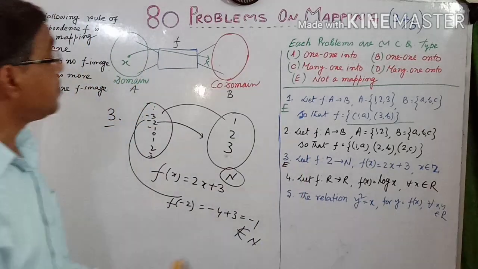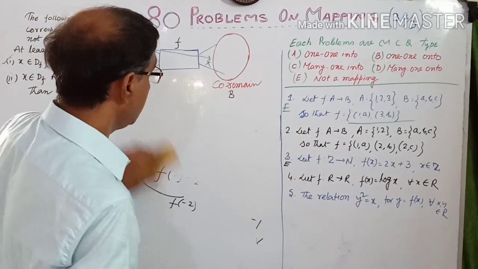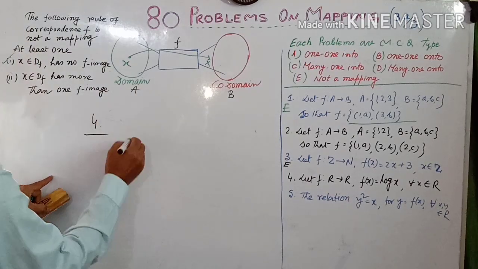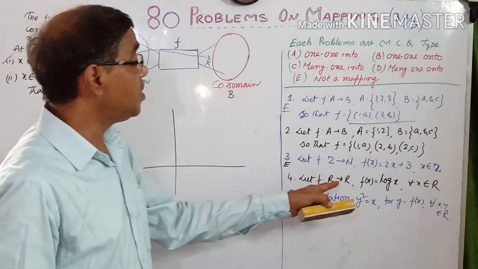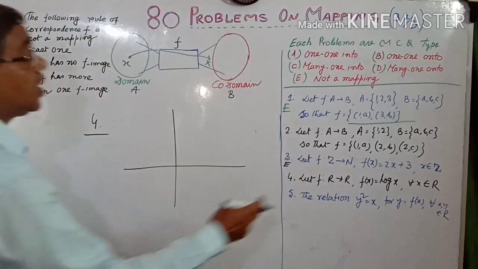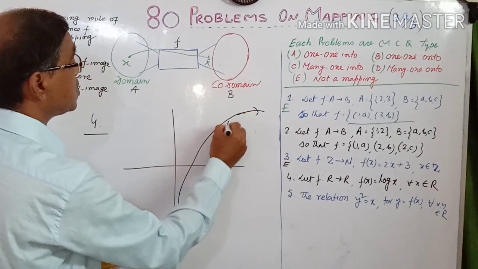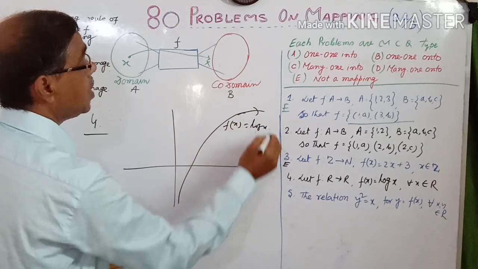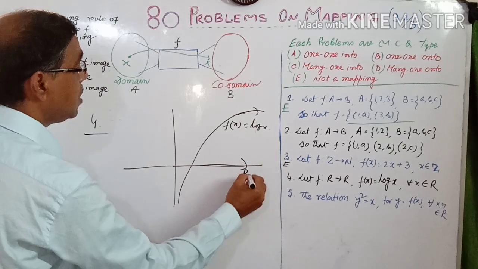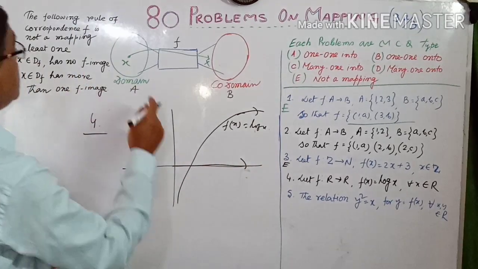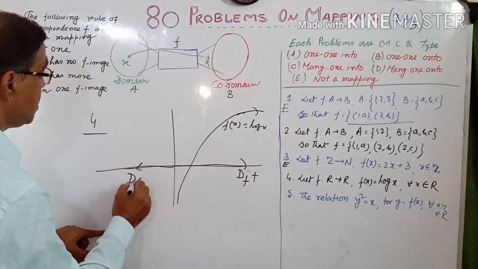Let us come to another problem. For f from R to R, f(x) equals log x. You can easily solve this problem from the well-known curve. Here log x is this curve. f(x) equals log x. The domain is the real numbers. This is the positive part of the domain of f, and in this direction the negative part of the domain of f.